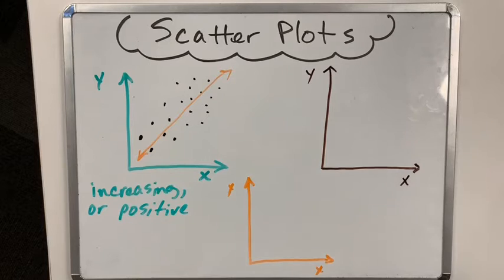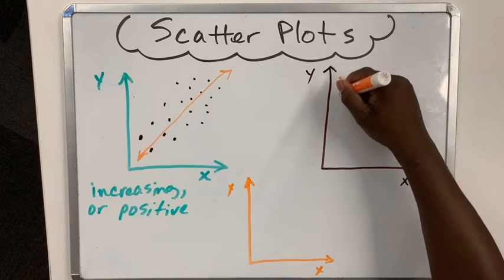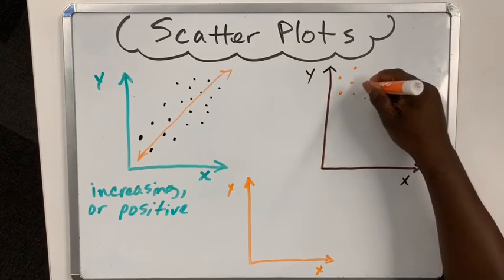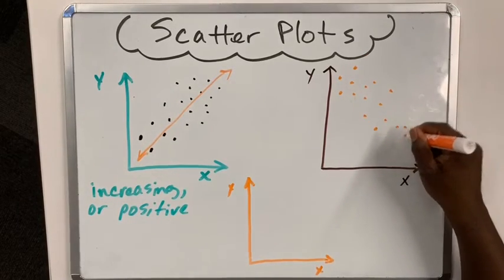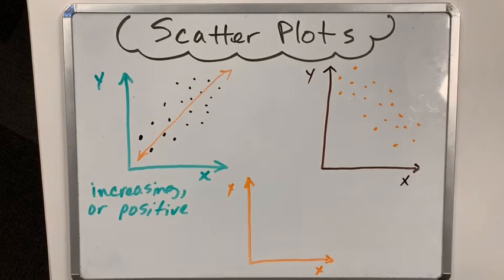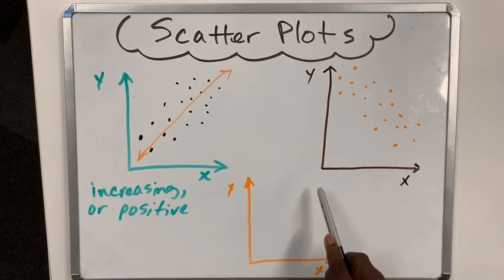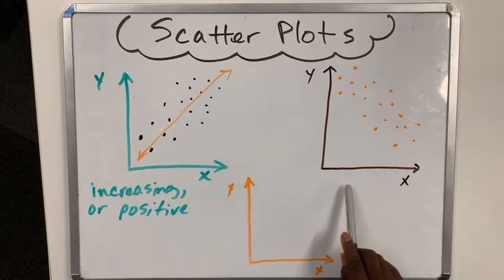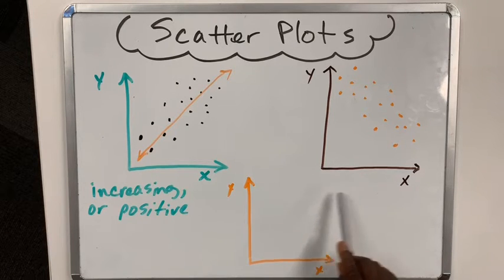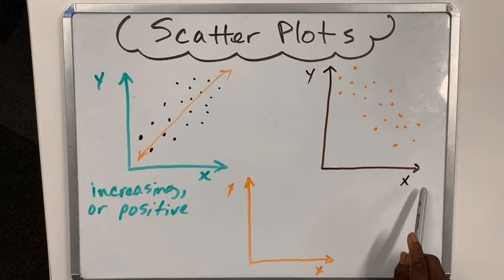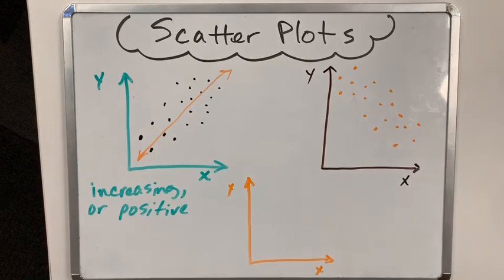Now, let's say we have points scattered, sort of going in this direction. Notice how the points are going from top to bottom, all right? Or as we increase with the X values, the Y values decrease.